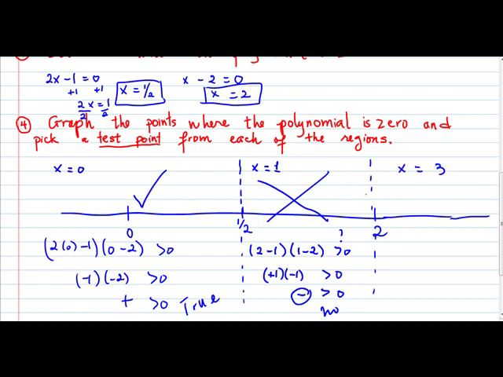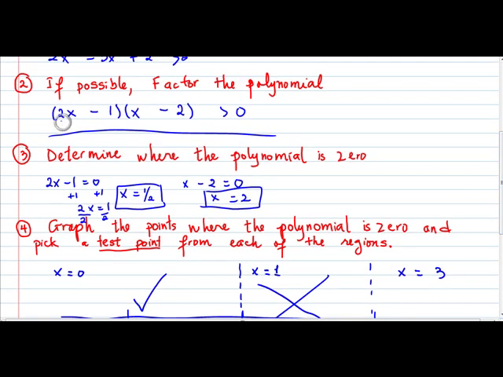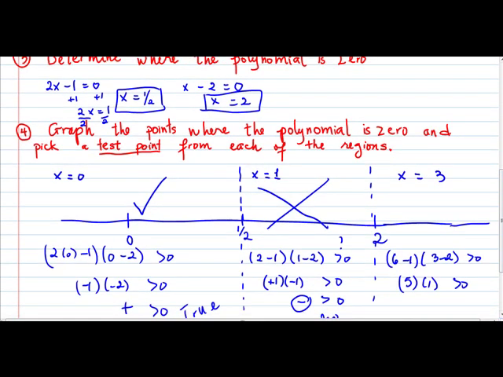So 2 times 3 is 6, minus 1. And then I have 3 minus 2, which is a positive number. Now, a positive number is greater than 0. Therefore, it's true. This means our solution belongs here.